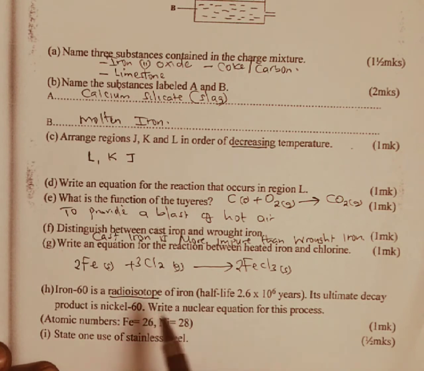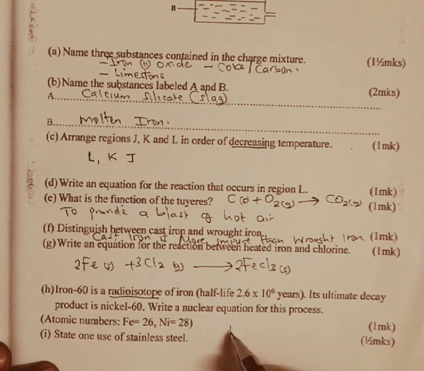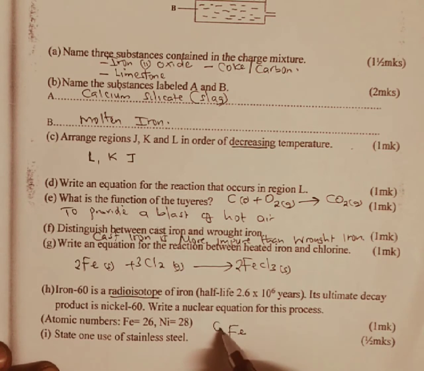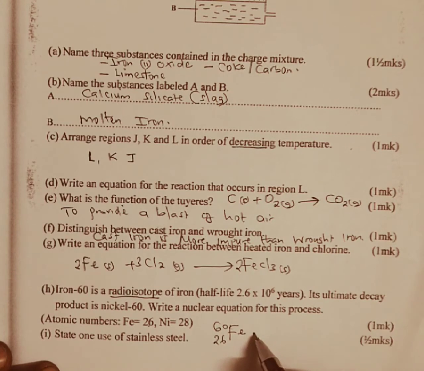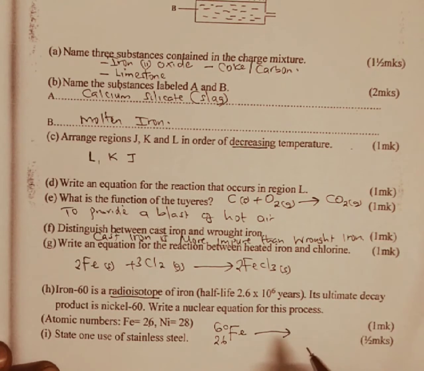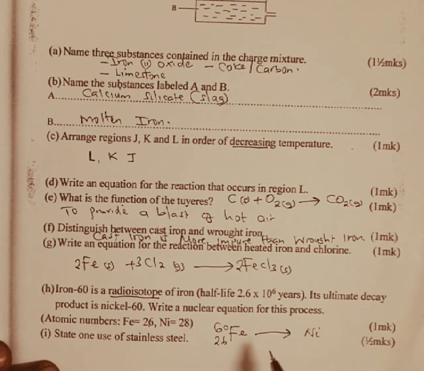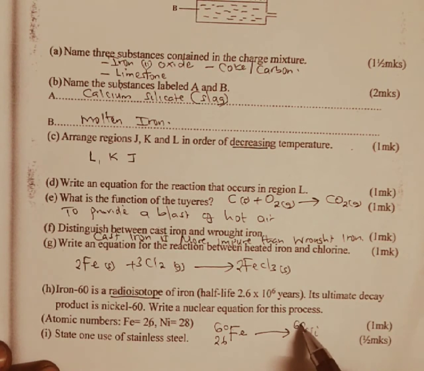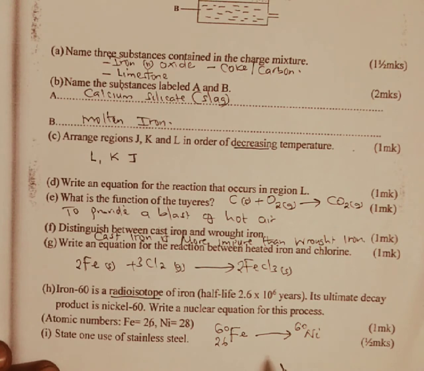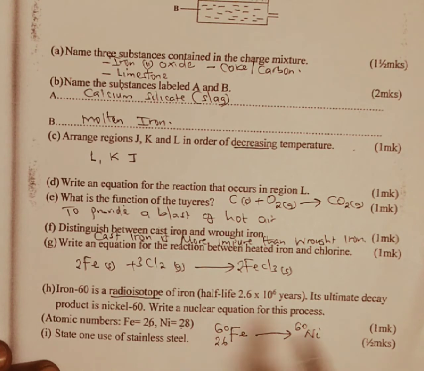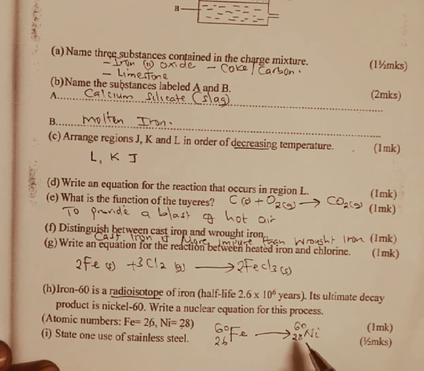We have iron 60. It means iron has a mass of 60, but the atomic number is 26. It is undergoing radioactivity to form nickel, and we are told that nickel has a mass number of 60 and it has an atomic number of 28.